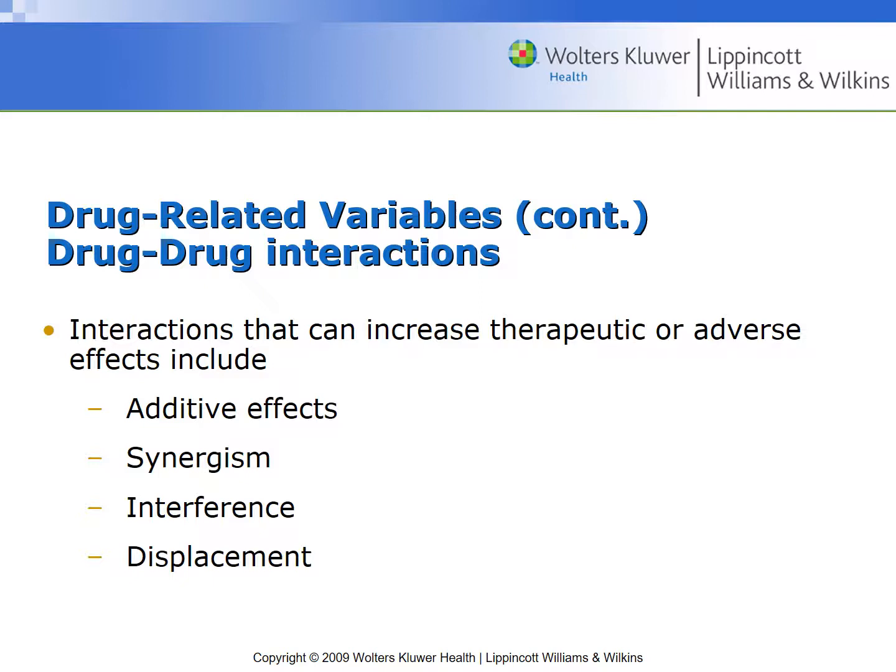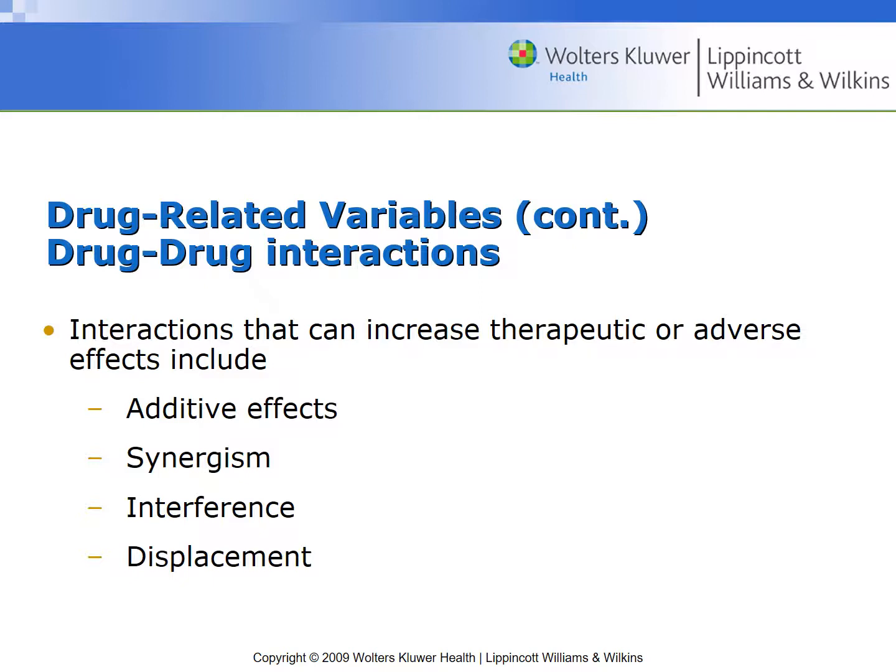Synergism occurs when two drugs with different sites or mechanism of action produce greater effects when taken together. So it gives you an example of acetaminophen along with an opioid. So acetaminophen is like Tylenol, okay? That helps the pain relief in the patient to have both of those medications mixed together.